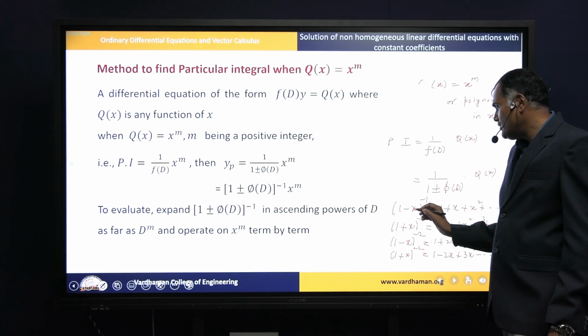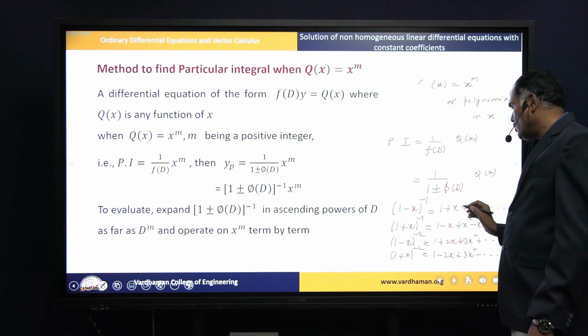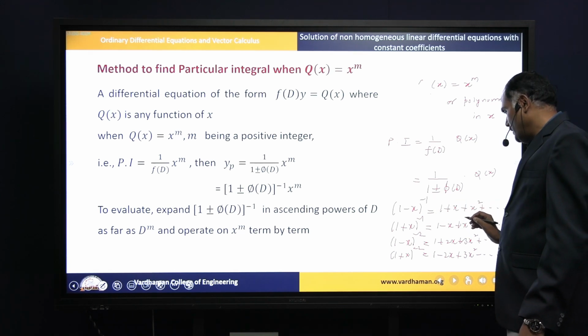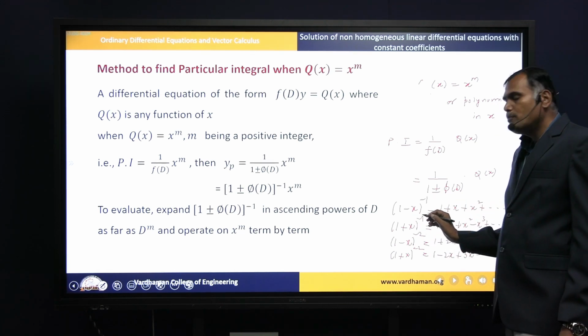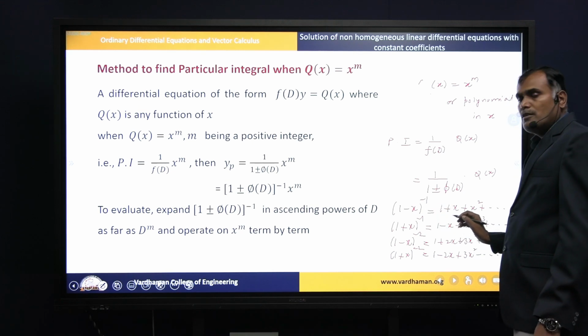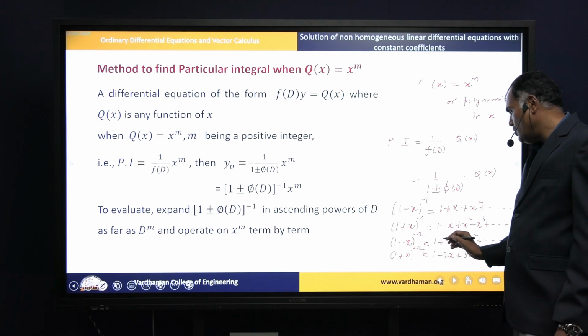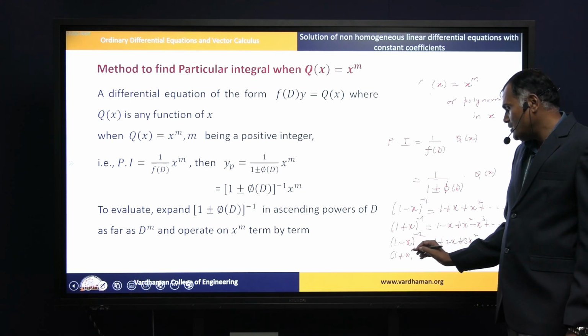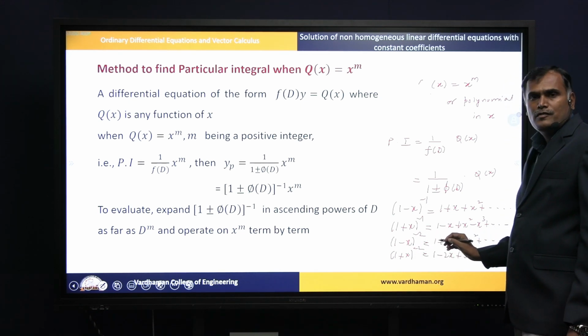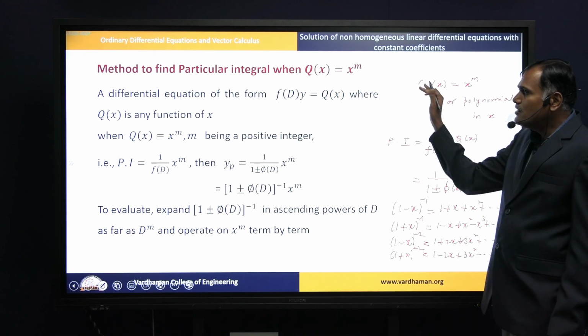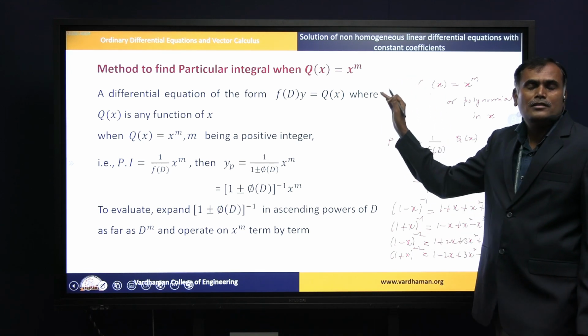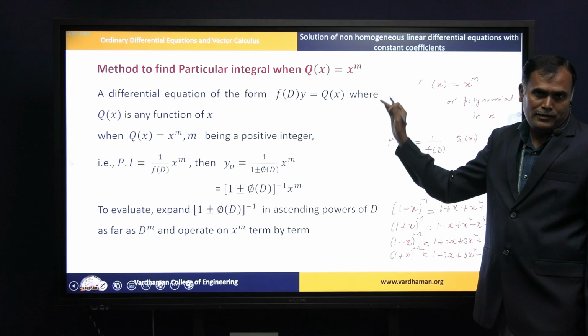If it is (1 minus x) whole power minus 1, we get all plus signs. If it is (1 plus x) whole power minus 1, we get alternating plus and minus signs. (1 minus x) whole power minus 2 gives all plus signs, and (1 plus x) whole power minus 2 gives alternating plus and minus signs. This is the method to find the particular integral when q is a polynomial in x.